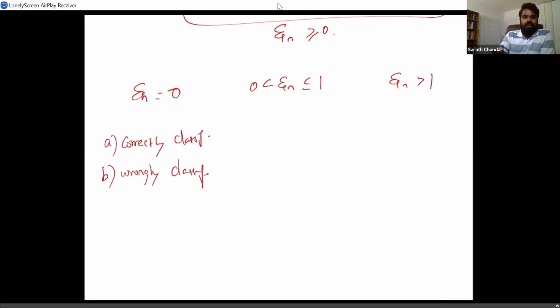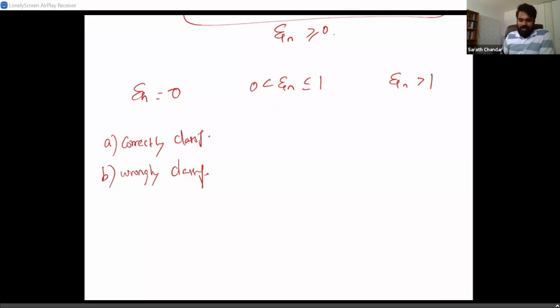So this is for epsilon n equal to 0. It's a short poll. I will stop the poll in exactly 10 seconds, because I'm going to do the poll for all three.